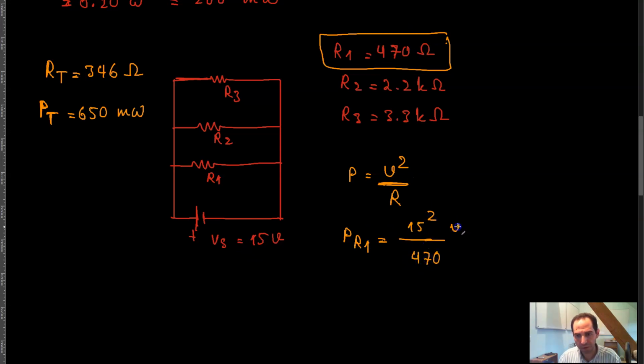That is in volts, that is in ohms. So that's the same thing as 225 divided by 470, which is equal to 0.478, so 0.48 watts, which is the same thing as 480 milliwatts.